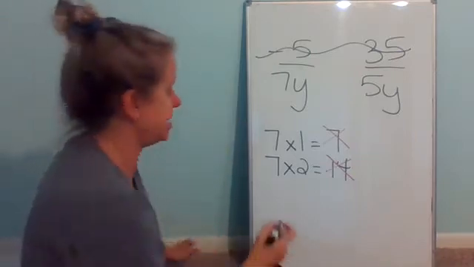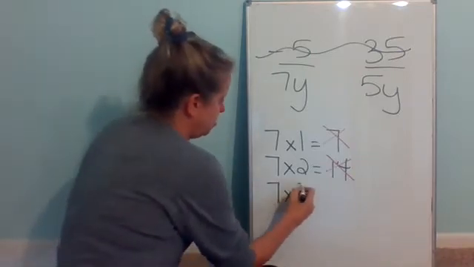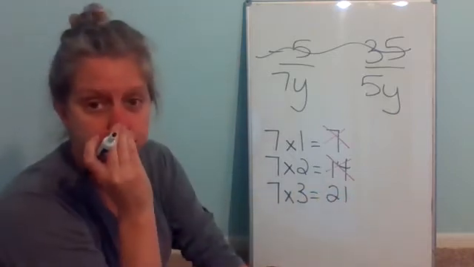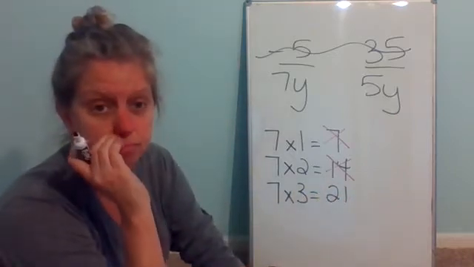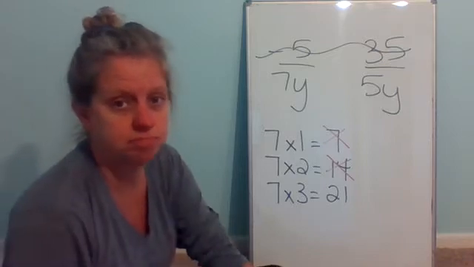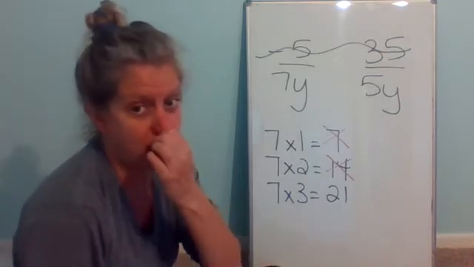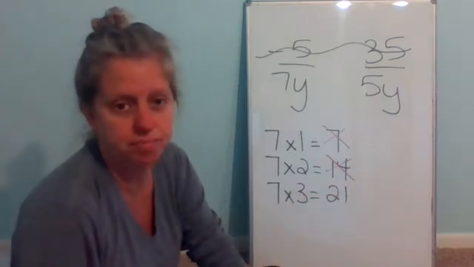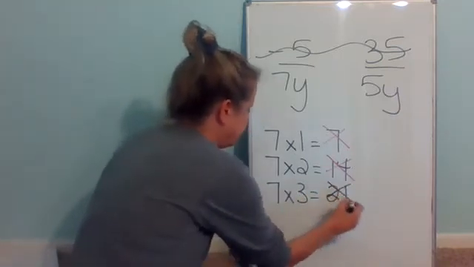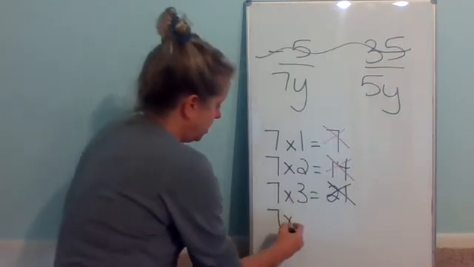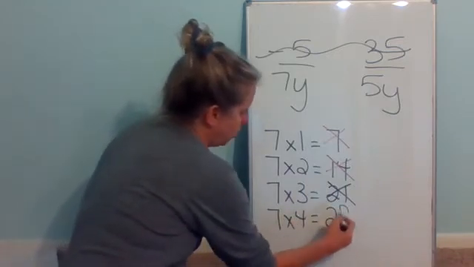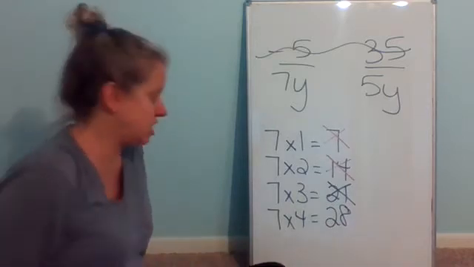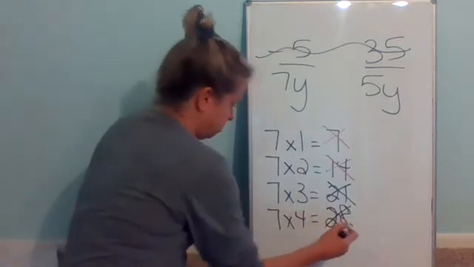What's the very next thing that 7 goes into? 7 times 3, which is 21. Does 5 go into 21? No. 5 doesn't go into any number unless it ends in a 0 or a 5. Let's go higher. 7 times 4 is 28. Is 5 going to go into that? Nope.